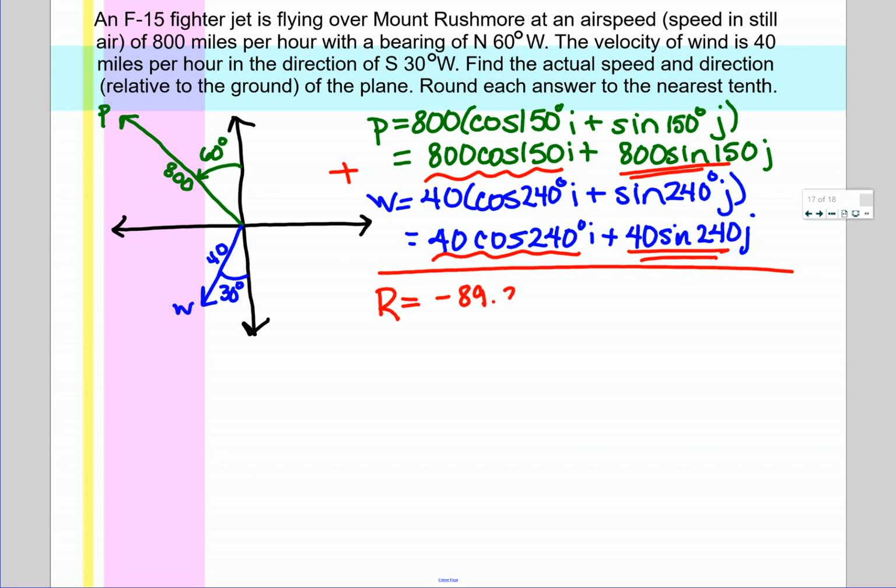Negative 89.28 i. Plus 800 sine 150 plus 40 sine 240 will give me 365.36 j.